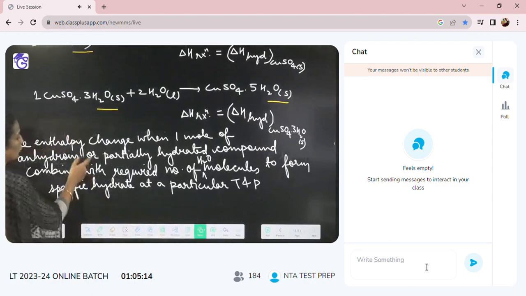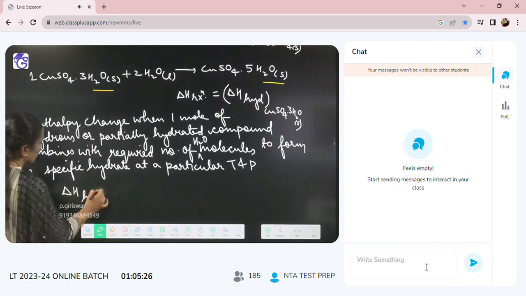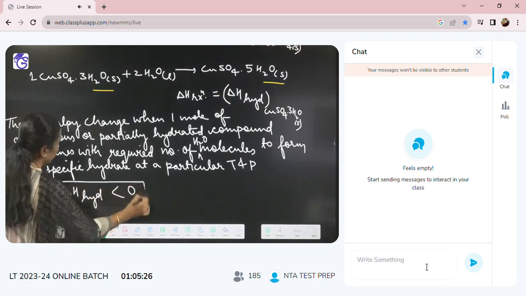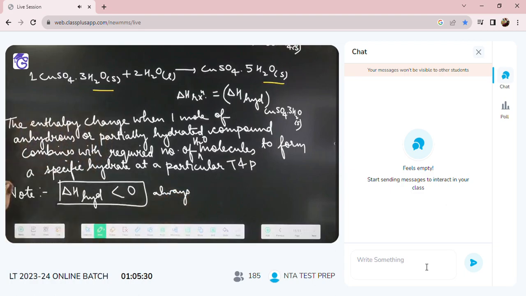Similarly, when water molecules are surrounding any ion also, then also energy will be liberated because attraction has increased there. So I'll write down here a note that delta H hydration is always negative, whether for an ion or a compound. It is always negative. Write this down, then we'll proceed further.